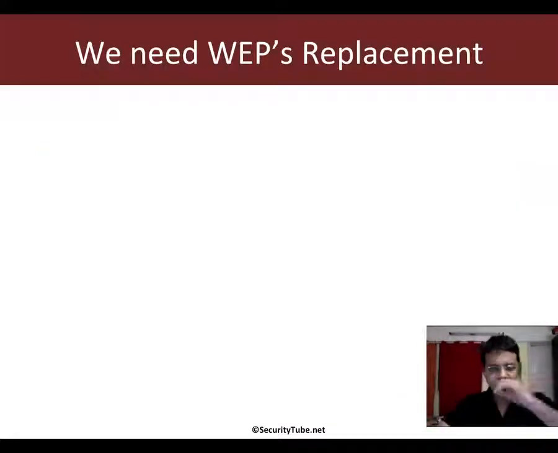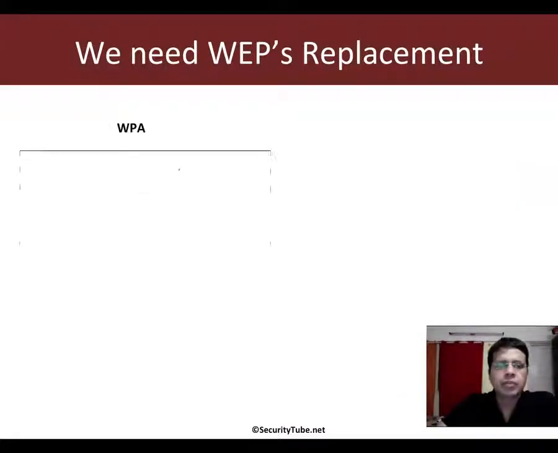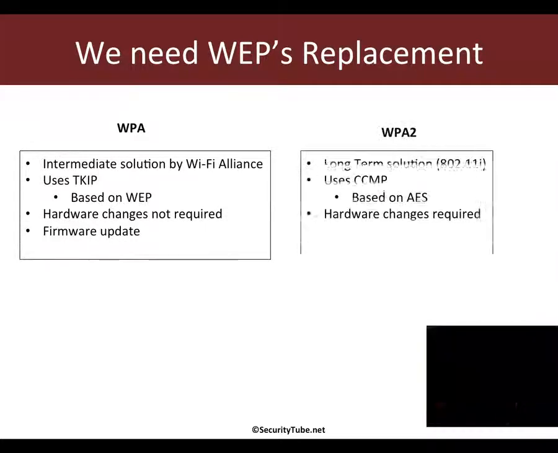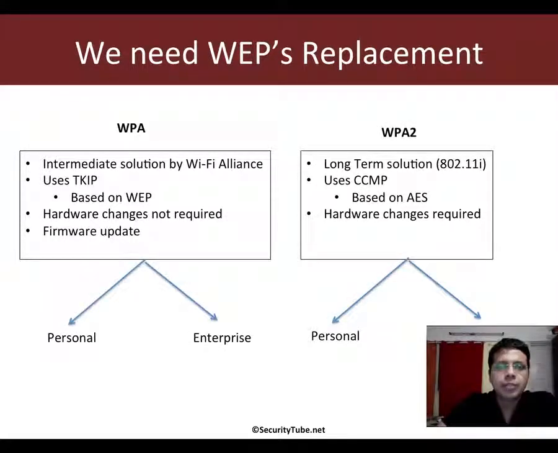If you remember from one of the older slides, a quick recap, we had said that WPA was created as an interim solution while the 802.11 Standardization Committee as well as the Wi-Fi Alliance sat down together to create WPA2. Then we also spoke about the fact that WPA uses TKIP while WPA2 typically uses AES.